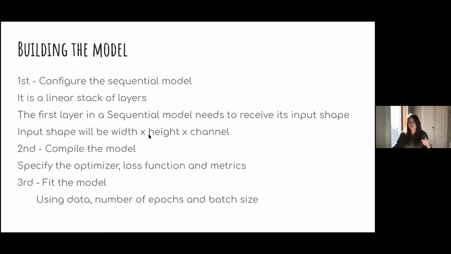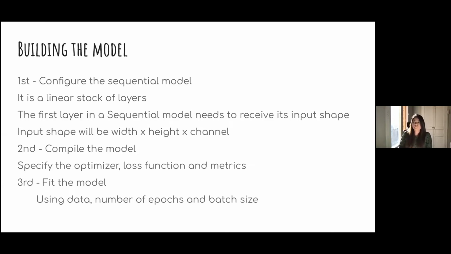The input shape depends on the width and the height of the image. That's why I was saying that it's important to crop everything to the same size. And also the channel. By channel, I mean the colors. For example, in this case, we have grayscale images, so we only have one channel, but imagine that we have color images, so we will have 3 channels: red, green, and blue.